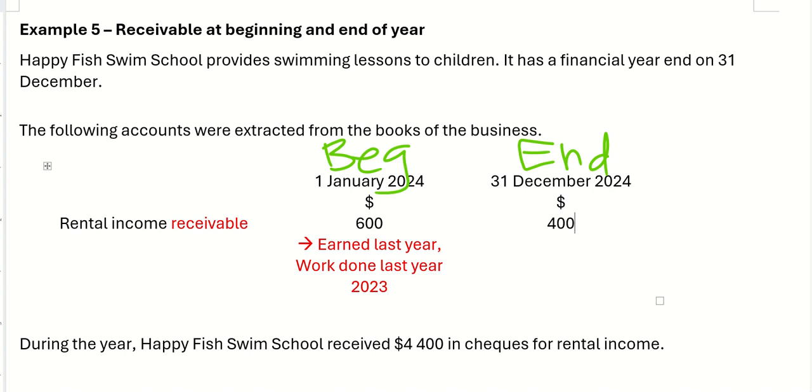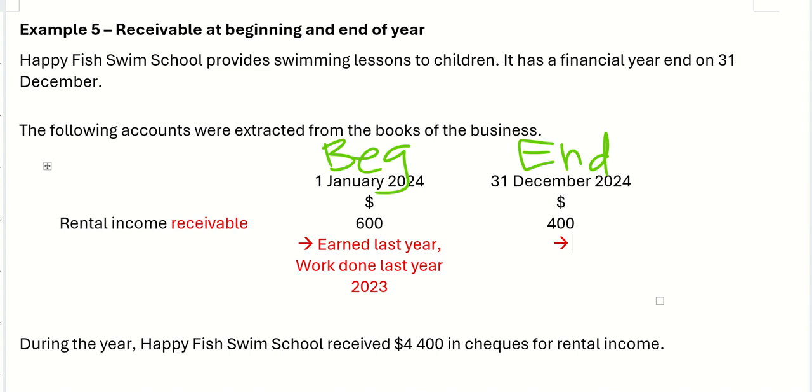All right. Next, at the end of the year, your accounts again show that you have an income receivable. Now, if at year end you have an income receivable, I will ask you, on 31st of December 2024, for these $400, have you done the work for it? You have worked, right? If you have done the work for it, you provided the service, have you earned it?